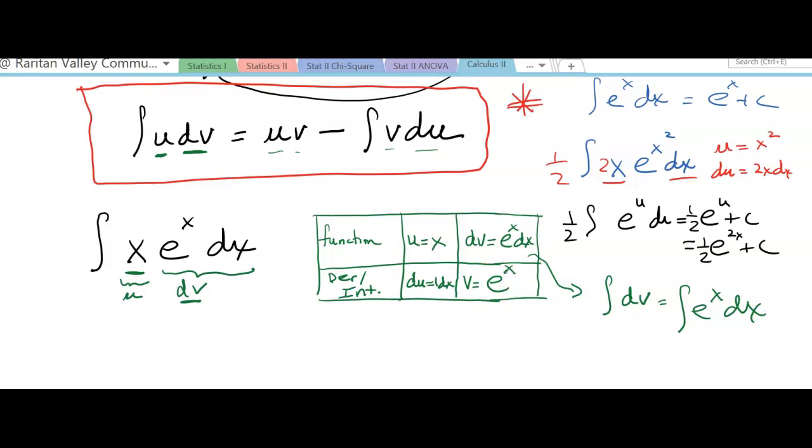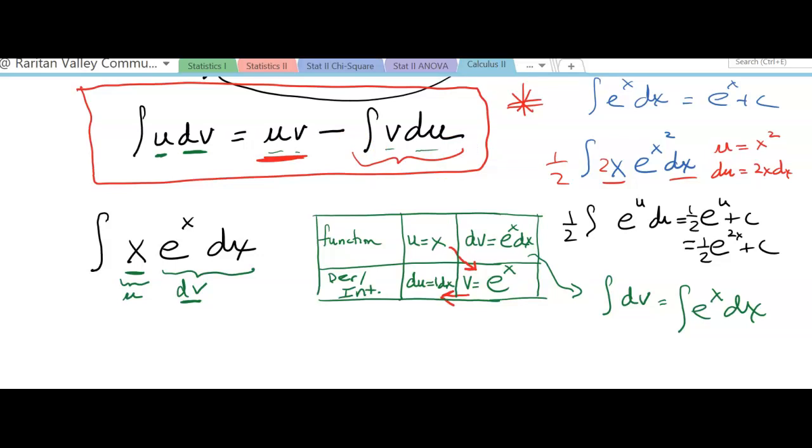All right. Now, once you have the pieces, I do this little arrow thing. Draw an arrow this way, and then draw an arrow that way. Okay, so the first arrow, that's my u times v. My second arrow is what goes into the integral.